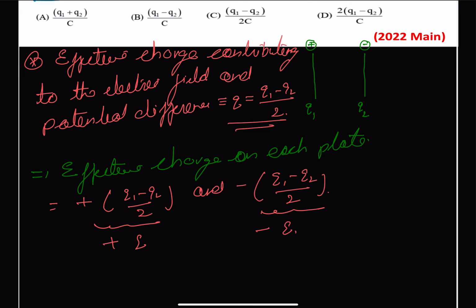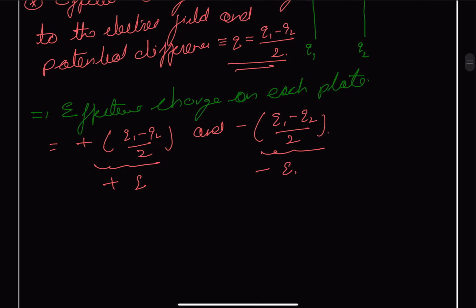Now we can just use that for capacitance. We know that potential difference across a capacitor, that is V, will be equal to charge divided by C, and we substitute the value of Q, which is (Q1 minus Q2) divided by 2C.